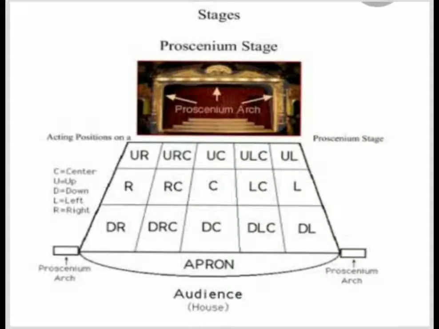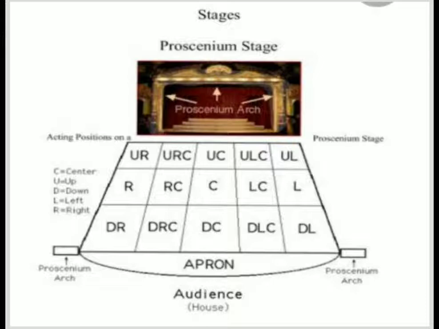This picture shows you some of the dimensions of the stage. The proscenium arch of the theater stage has three rows on both sides and the upside. In the front of the stage is the seating area of the audience. On the rows of the stage, the first row is UR, up right, R, right, DR, down right.